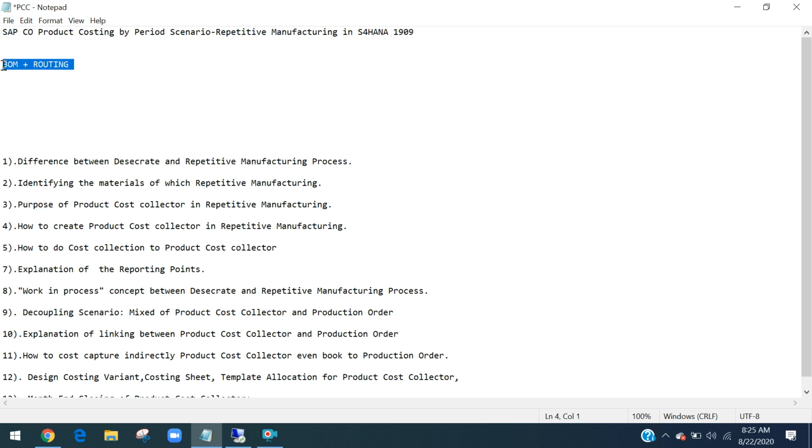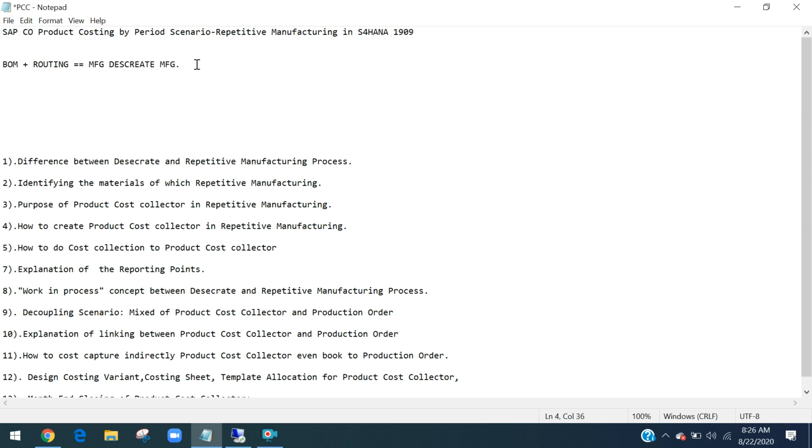If, based on the demand in the market, changes are needed in the bill of material and routing, and those changes happen frequently, then that type of manufacturing process is called discrete manufacturing.